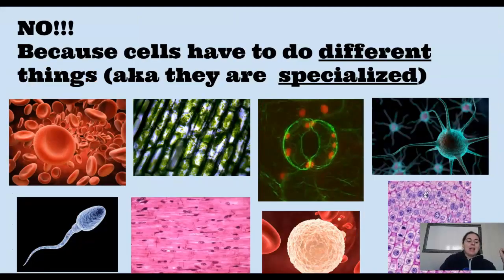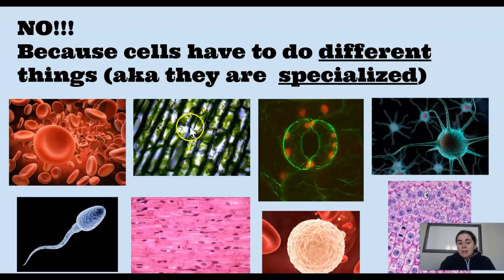All right, they have to do this because cells have to be able to do specialized functions. So that means they get specialized or differentiated and they become different cells that the organism needs. So depending on what kind of organism you have, if you have a mammal, you have blood cells.